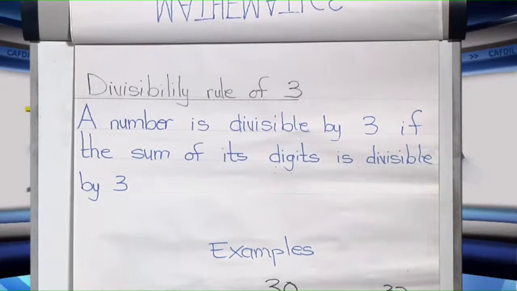A number is divisible by 3 if the sum of its digits is divisible by 3. That is the divisibility rule of 3. Quickly copy it into your exercise book so that it will guide you when you are doing your assignment.